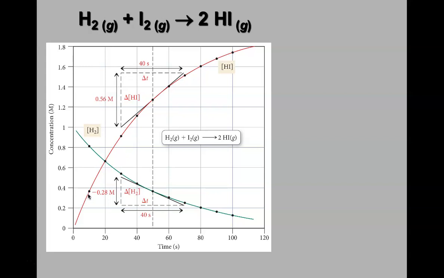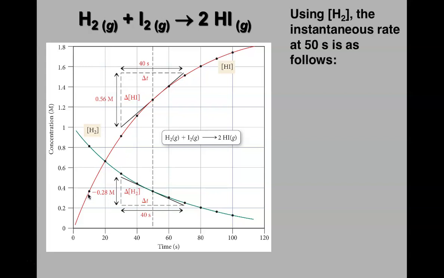All right, so back to this graph that we've seen before. Just as an example, we'll use hydrogen because that's on the graph. The instantaneous rate at 50 seconds, that dotted line right there, is as follows. So we know that the change in concentration is negative 0.28 molar. The time is 40 seconds, just to get a graph.